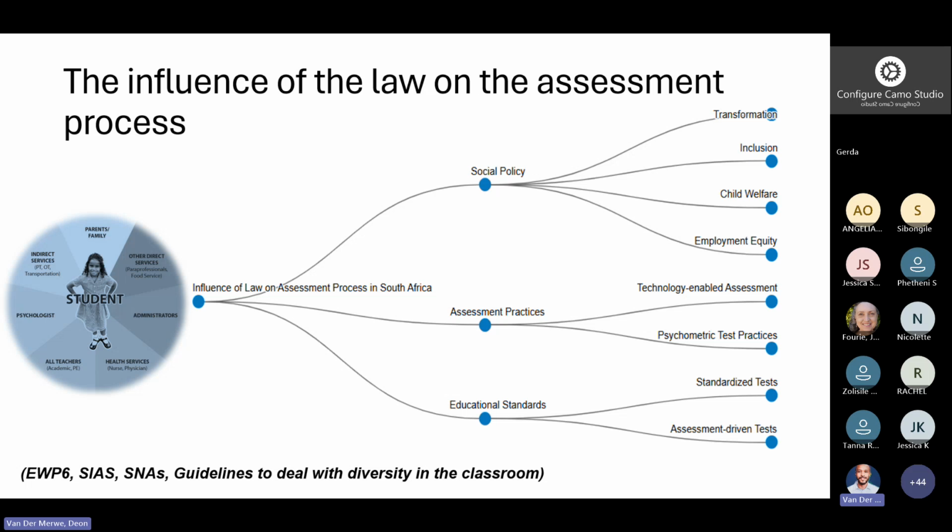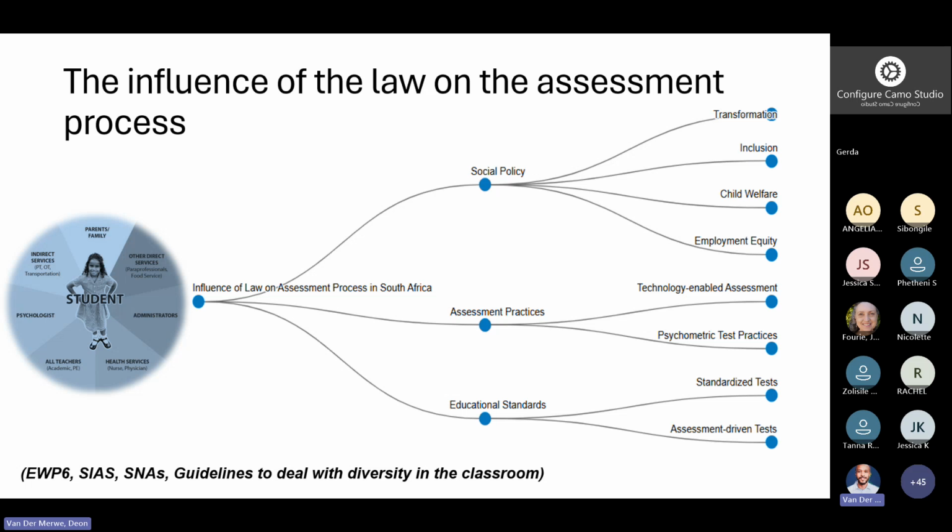And then the assessment processes that have been influenced by the law include psychometric test practices and how they need to be applied, but also the use of technology that is embedded in assessment.